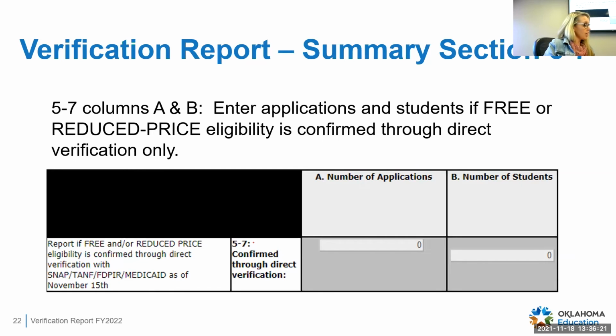So in box 5-6, let me look at that. Oh, you are very correct. Thank you. Someone corrected me and I very much appreciate that. Okay, so in box 5-6, it says it's selected if you did not do direct verification. So if you did not do direct verification, that's when you select that box.